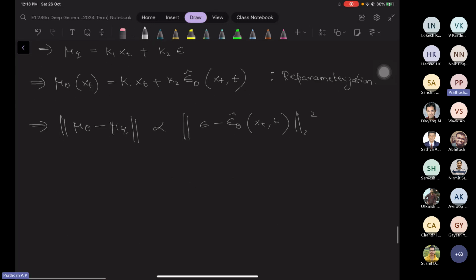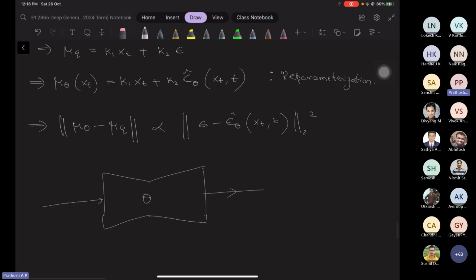Okay, so now how do you implement this in practice? I will do it more thoroughly in the next classes, just to ensure that you get started with your assignment. You will have a neural network, theta.